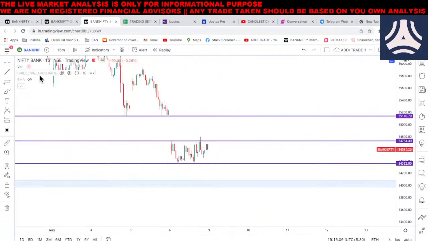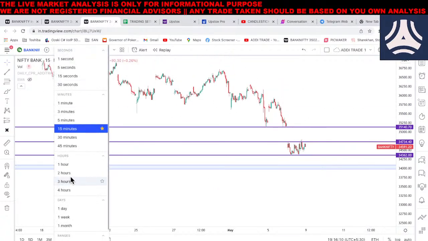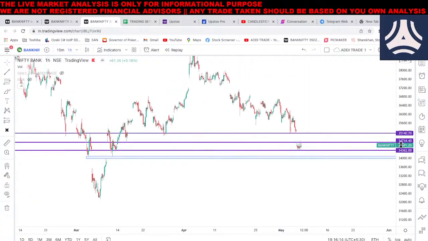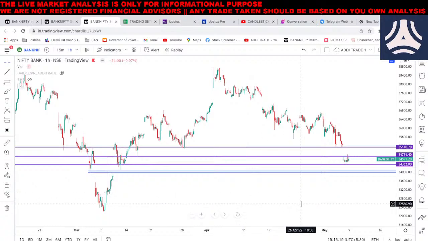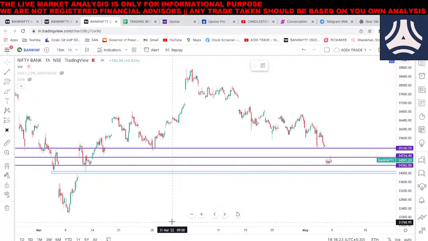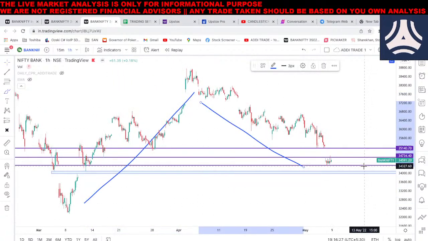See, along with all the CPR and everything that we use, we also need to have the overall perspective of the market. Now, let me just go to an hourly chart. What is this overall perspective? That will again come with experience and deeper technical analysis. You need to know if the market is in an uptrend or a downtrend so that we can conveniently look for a short or a long.